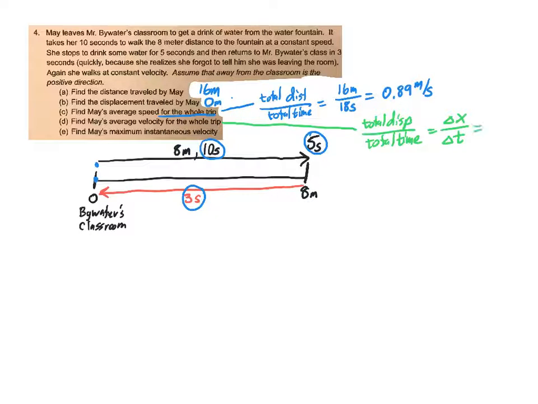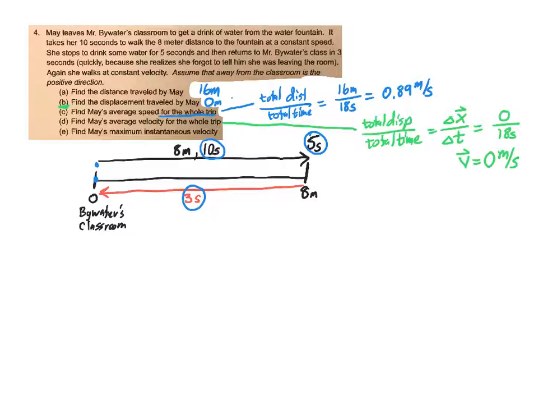In this scenario, the displacement we found in letter B was 0 meters. The time is 18 seconds for the whole trip, but of course it doesn't matter, because that means my velocity, with a vector on top just like I should have put a vector on top of the x there, is 0 meters per second.